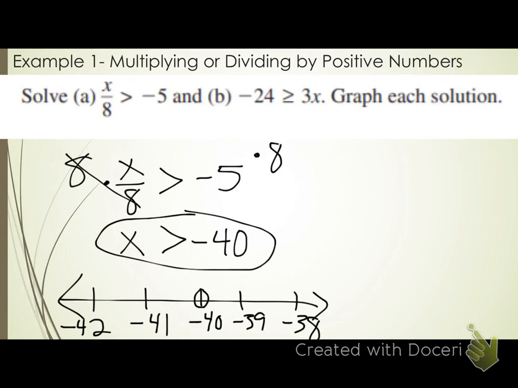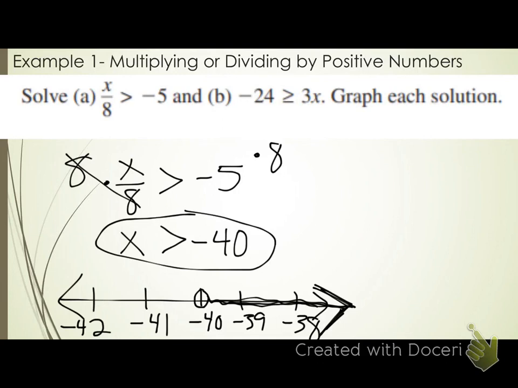Negative 40 is not included in my solution set. It is not or equal to. There's no line underneath that inequality symbol. Shading to the left or the right? To the right, I want values that are greater than negative 40. So that'd be to the right. Questions on letter A? We good there?